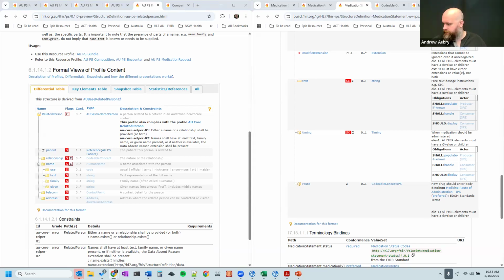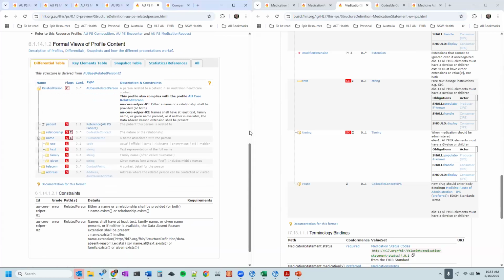So is there any other thoughts on adding this, or requirements that should be layered on? Sorry, just one question: what section within the AU patient summary were we planning on surfacing related person?